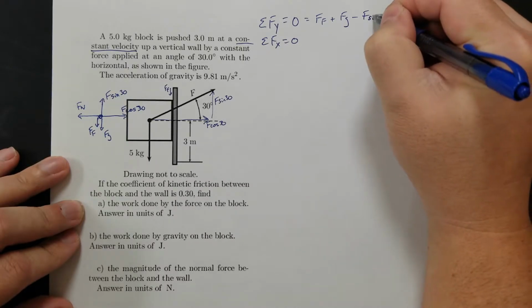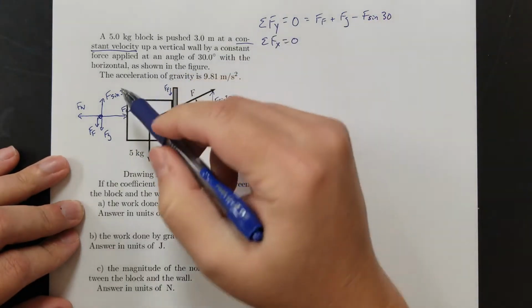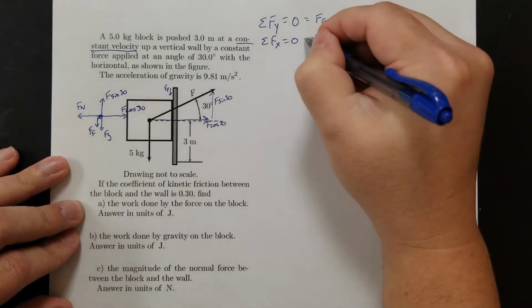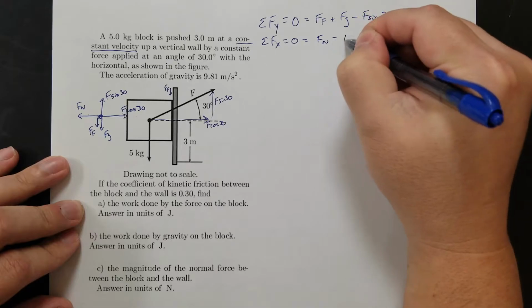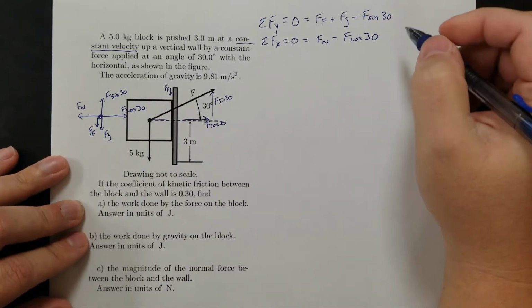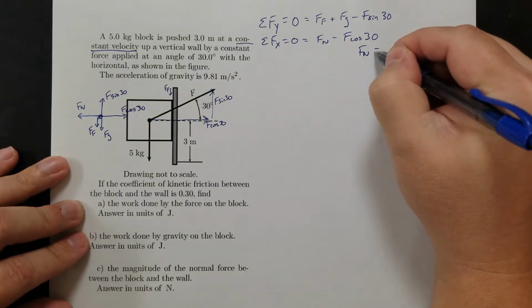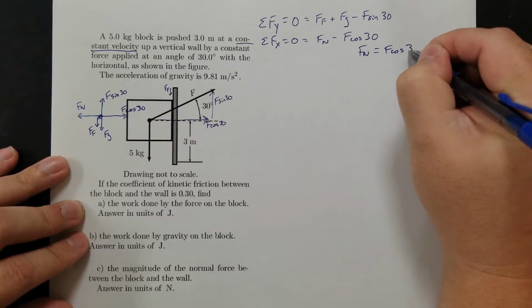That's just F sine 30, my sine component. And then my x is just these two equal to each other, so F n minus F cosine 30. Okay, so this tells me that F n equals F cosine 30.